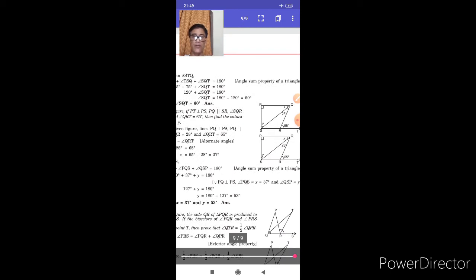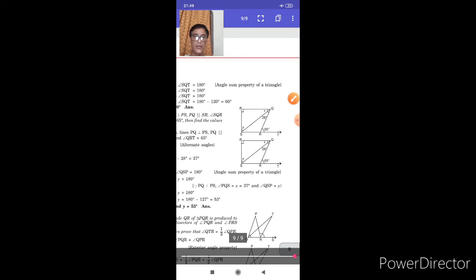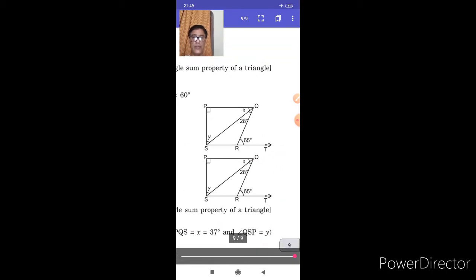I think it is written wrongly here, the right one is PQ perpendicular to PS. Okay, that means this one is 90 degrees. Clear? And angle SQR, this angle is given as 28 degrees, and this one is given as 65. But we have to find x and y.